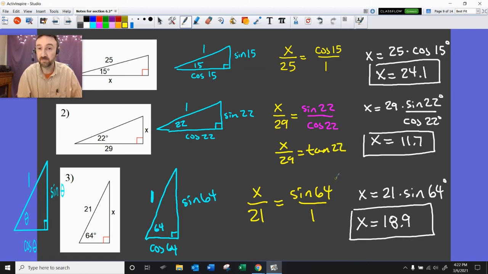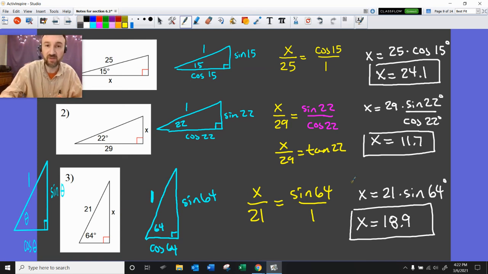You can check it on your calculator: sine of 22 degrees divided by cosine of 22 degrees is the same as tangent of 22 degrees. So that's another way of tackling that problem. 29 multiplied by tangent of 22 degrees is 11.7, or really close.